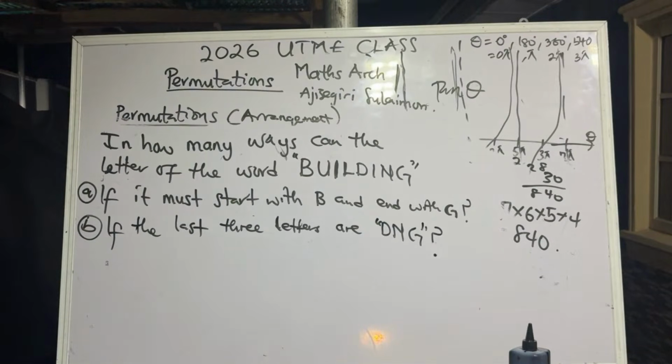For that A, I'm satisfied you guys will do it. Okay? In how many ways can the letters of the word building be arranged if it must start with B and end with G, just like what I just finished explaining.